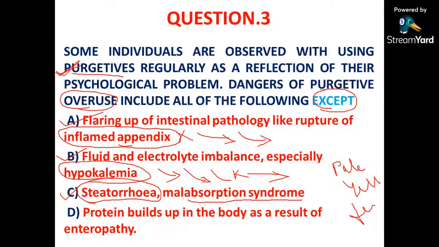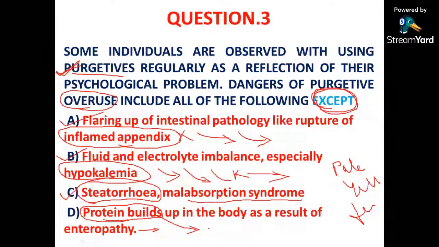So we need the except action, the action which is not shown with overuse of purgatives. The final one is protein builds up in the body as a result of enteropathy. The patient will develop enteropathy, that is okay with purgatives, but protein buildup is not seen. In purgative overuse, protein deficiency will be seen, malabsorption of carbohydrates, fats and proteins will be seen, but protein buildup is not seen with purgatives.